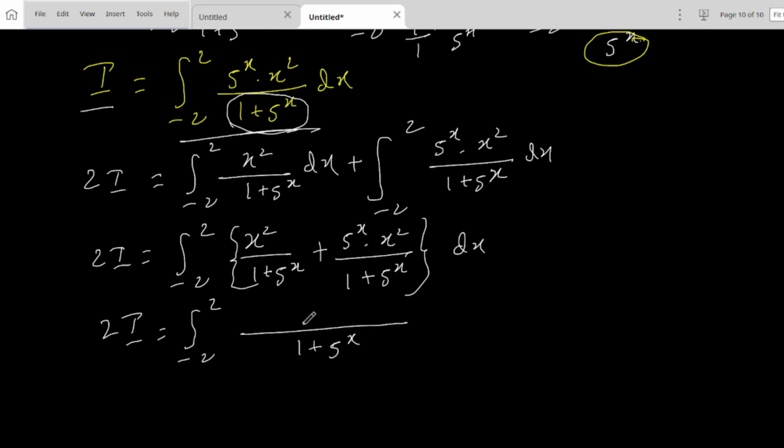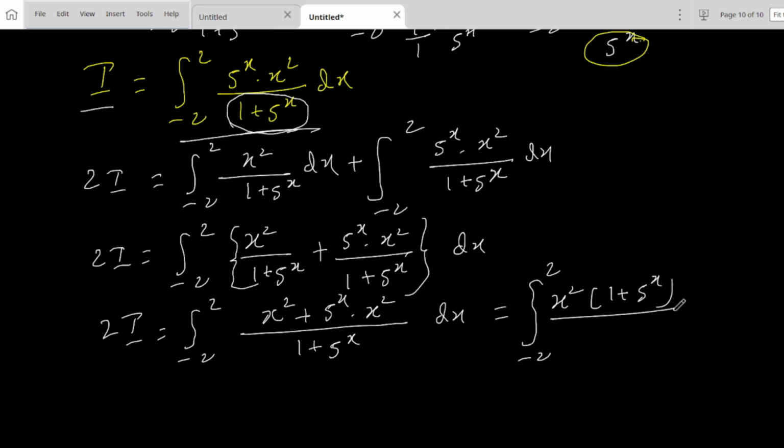So x square plus 5 to the power x into x square dx. In the numerator both terms have x square common, so we will take x square out: 1 plus 5 to the power x upon 1 plus 5 to the power x dx.